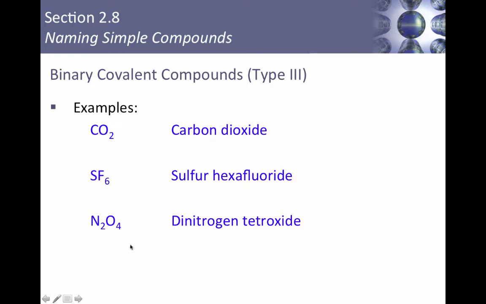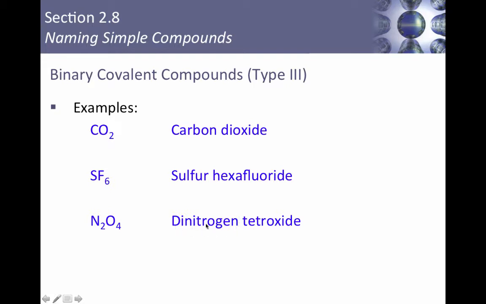Okay, the third example is a little bit different because this time I have 2 of the first element. So I need to tell someone that. If I wrote just nitrogen, that wouldn't be correct. There are 2 nitrogens. So I'm going to use that same prefix with my nitrogen, but I don't change the ending. It just remains as nitrogen.